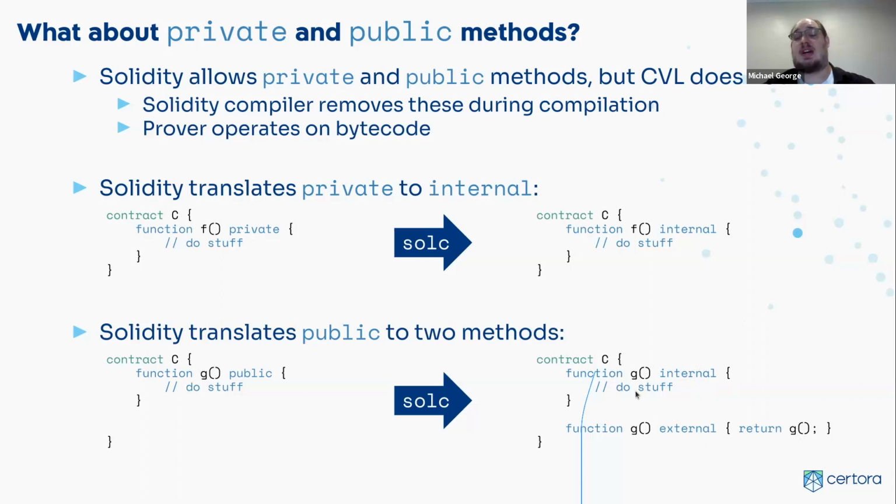So usually just summarizing the internal method is good, but in some situations you may want to, for example, only summarize the external calls, but let the internal calls use their original implementations. And this gives you the flexibility to make that decision. So that's how private and public are handled. They get translated to internal and external, and you write the summary that covers the case that you care about.